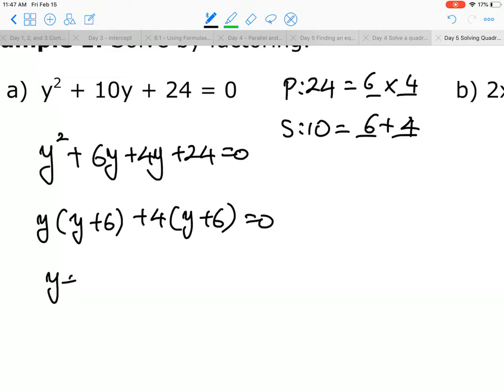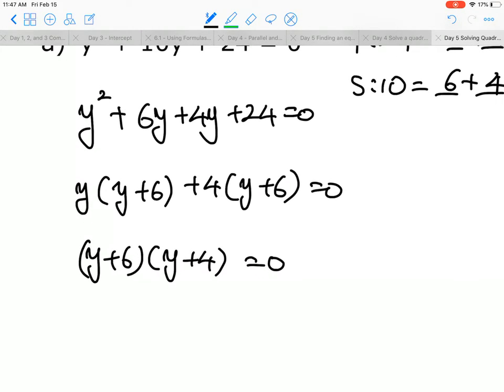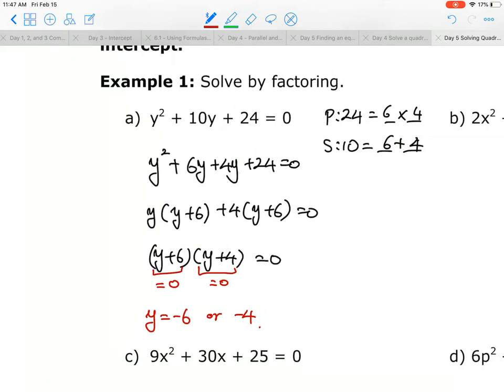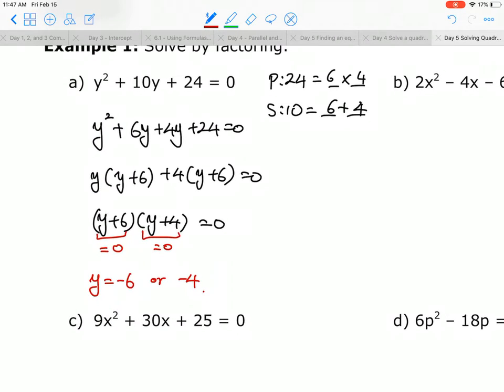So then you have y plus 6 times y plus 4. Now this will be the only example where I go through this detail in terms of the factoring. Here you can see that we have two brackets. In order for us to solve this, we have to make each of them 0, and then this becomes -6 or -4. Okay, so the only difference is now you just need to factor this.